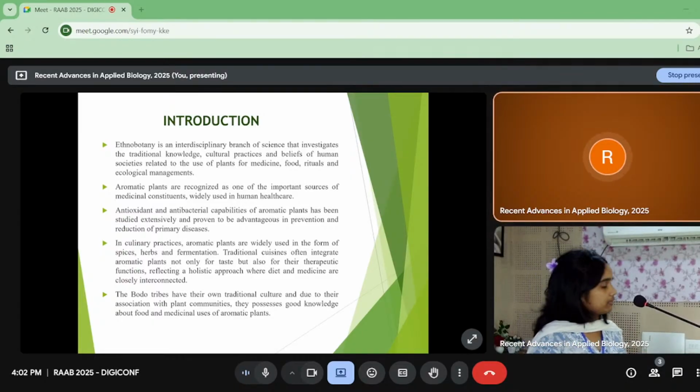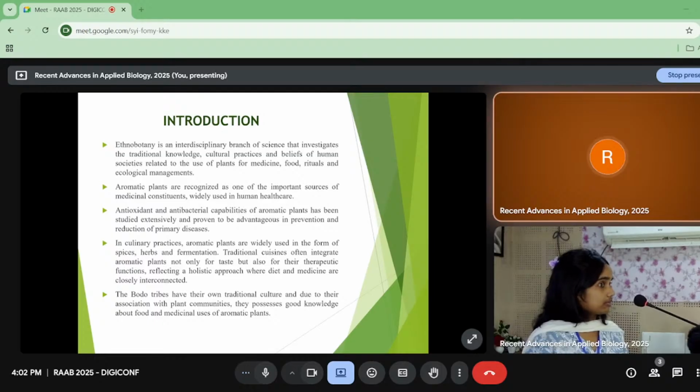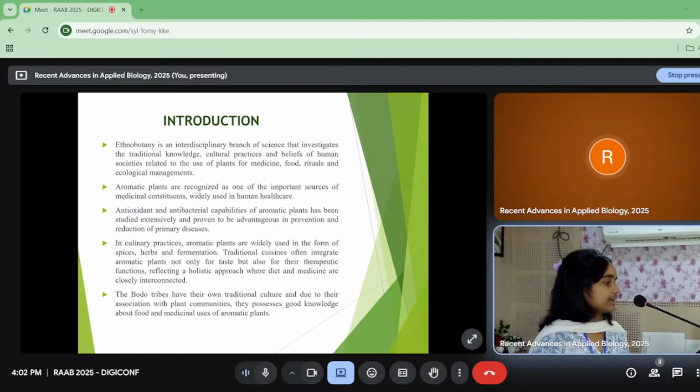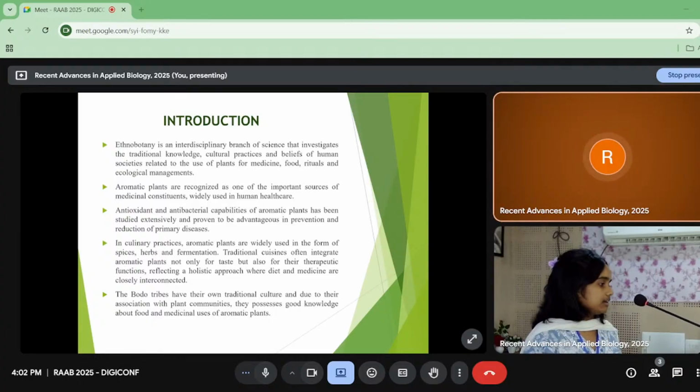And in case of culinary practices, traditional cuisines often integrate various aromatic plants, not only for taste, but also for some therapeutic function, also reflecting a holistic approach where medicine, arts, and cuisine are closely interconnected.